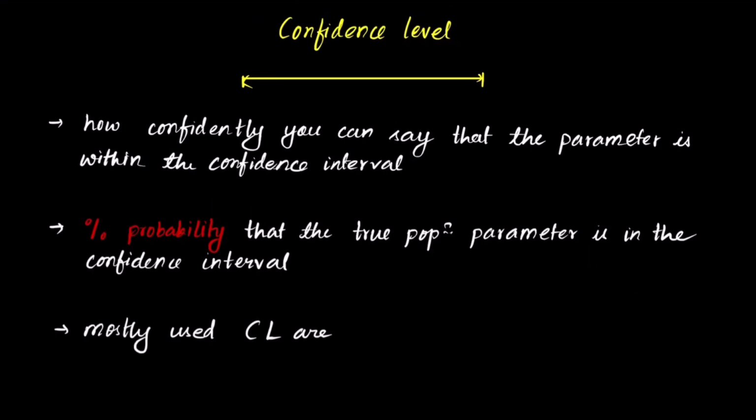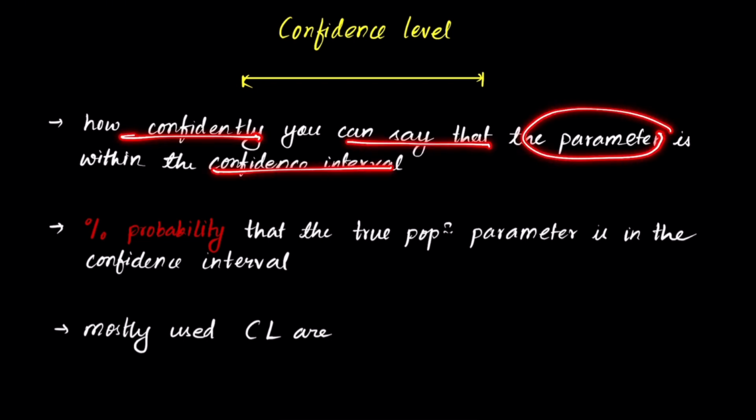The next terminology is confidence level. The confidence level basically tells you how confident the surveyor is that the parameter of the population lies within the confidence interval. So basically, confidence level tells the level of confidence of the surveyor. That is how confidently the surveyor can say that the parameter is within the confidence interval.